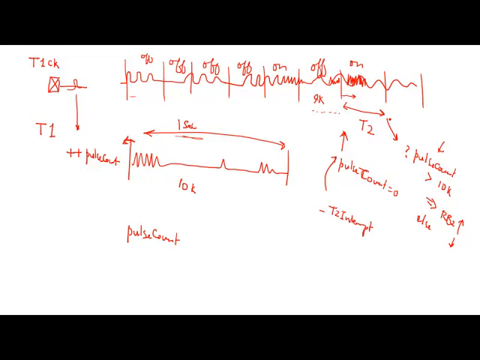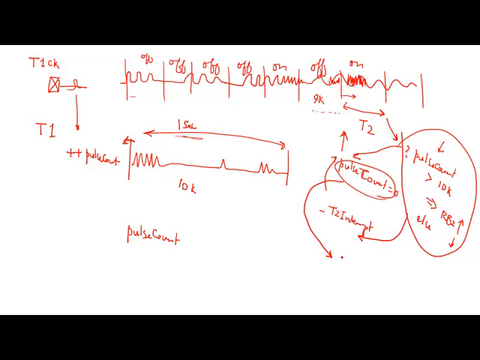So if you really think about it, you don't have to worry about the end of this cycle. The end of this cycle is the beginning of the next cycle, right? So before resetting pulse count to 0, you could do all of this stuff here in the code. So this would come here, and once you're done with that, this part could come down here, right?